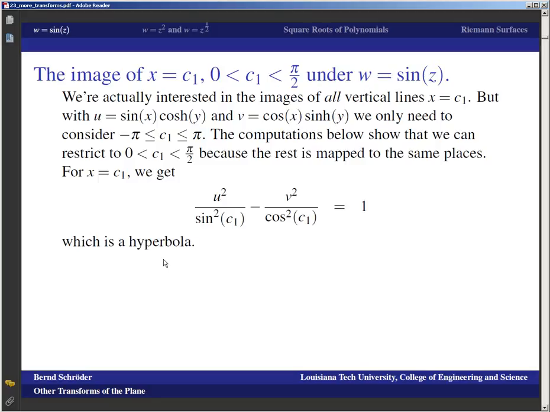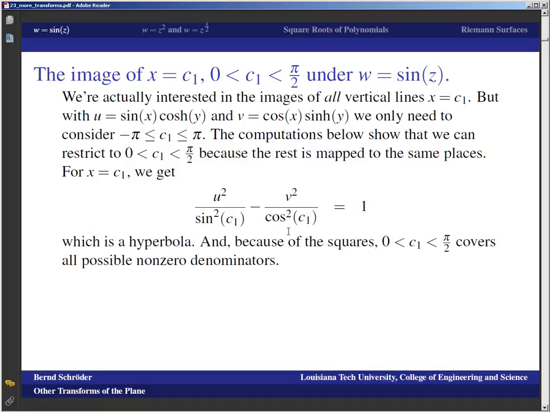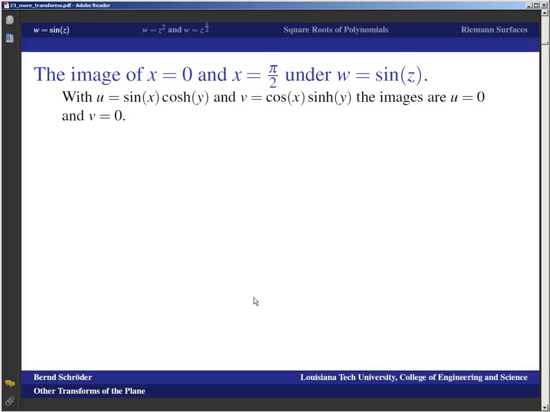And that means that that is a hyperbola. Okay, that is something that you probably want to work out with paper and pencil, but it's not that bad. Just plug in u and v and do the cancellation. And we realize that's a hyperbola because c1 is a constant, right? And because of the squares in the denominator here, 0 smaller c1 smaller pi halves really covers all the possible non-zero denominators. Okay, so the question then is, what about x equals 0 and x equals pi over 2?